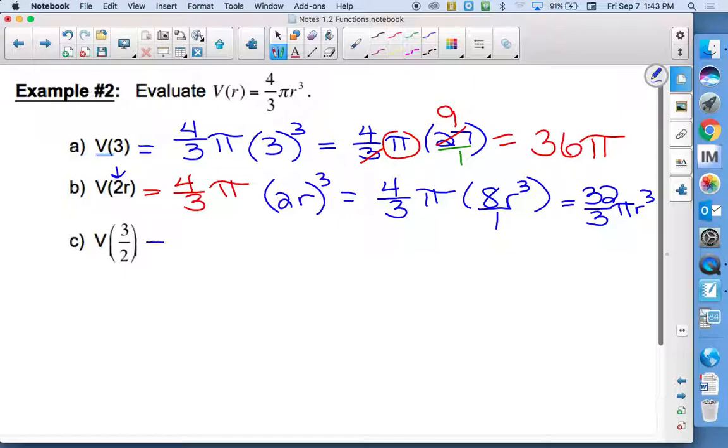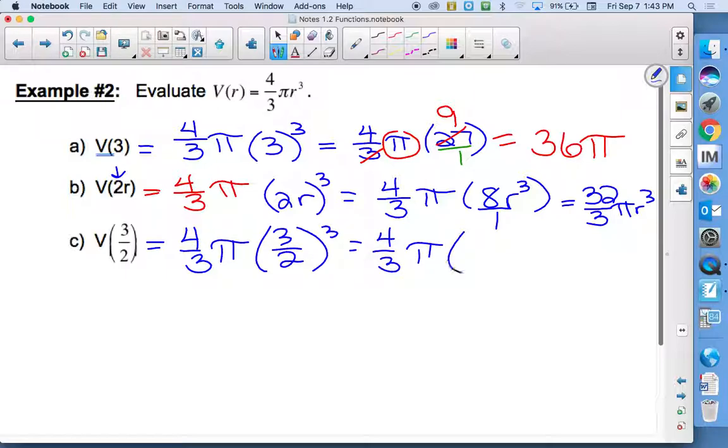The last one here, we've got 4/3 pi, and now we're using 3/2 for the radius. It's cubed. Alice, do you remember how we cube a fraction? Would it be the top cube and then the bottom cube?